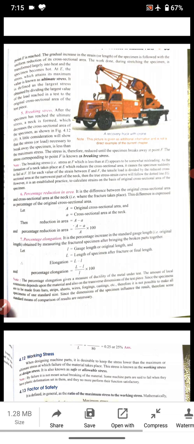The tensile load is divided by the reduced cross section area at the narrowest part of the neck. Then the true stress strain curve will follow the dotted line AG.